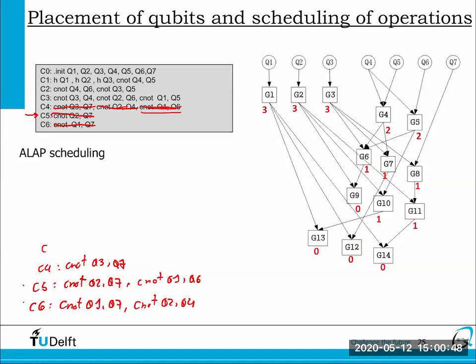Then I go to cycle 3. I start looking here. What about Q3, Q4? Again, cycle 5. What about Q2, Q6? Cycle 4.